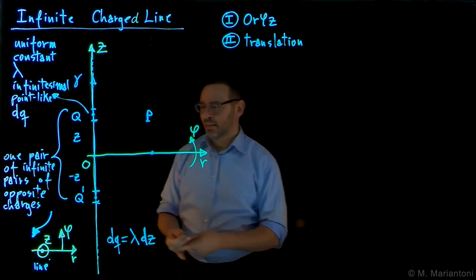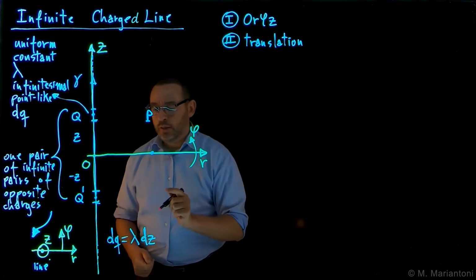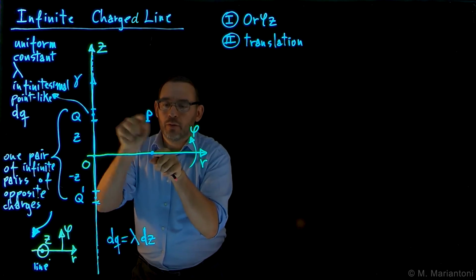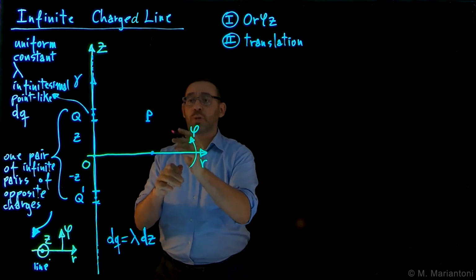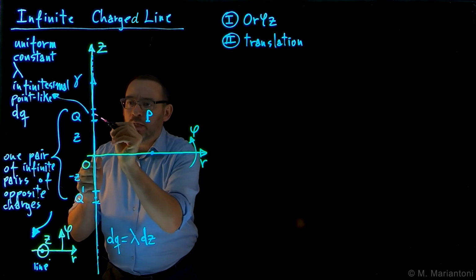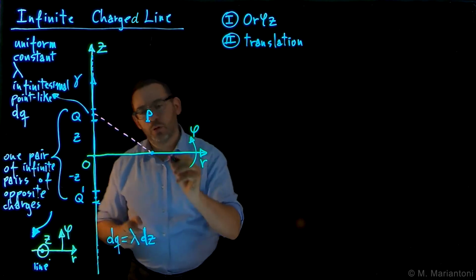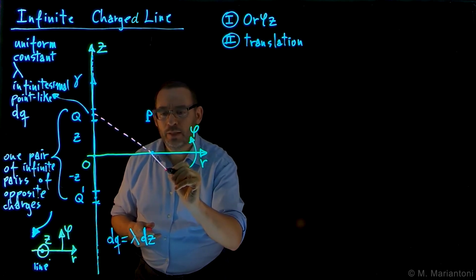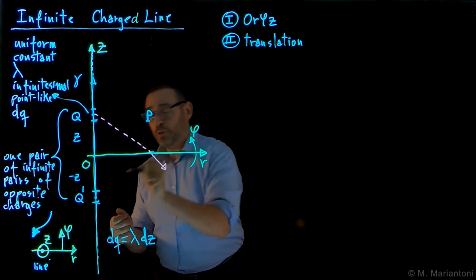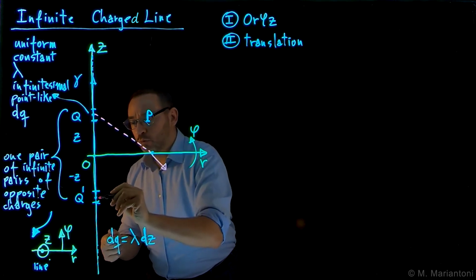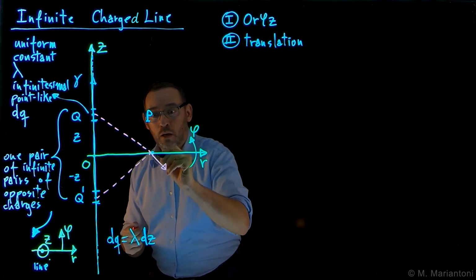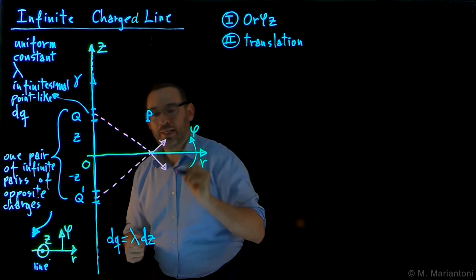Now, let's consider the infinitesimal electrostatic field due to dq at point capital Q in the observation point capital P, Coulomb's law. So it has to go with the straight line here, which connects capital Q and capital P. It will be like this. Similarly, from capital Q prime, from Coulomb's law, we obtain this infinitesimal field.